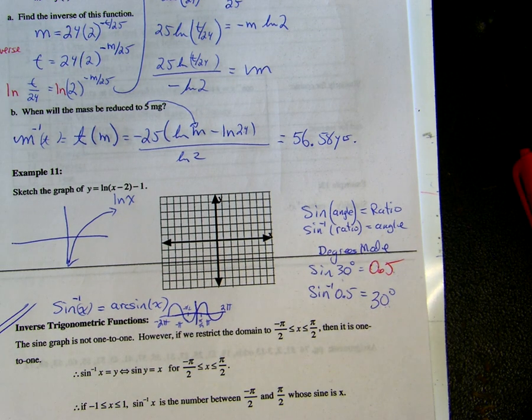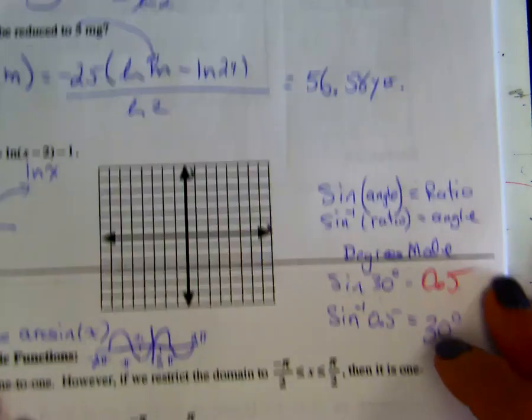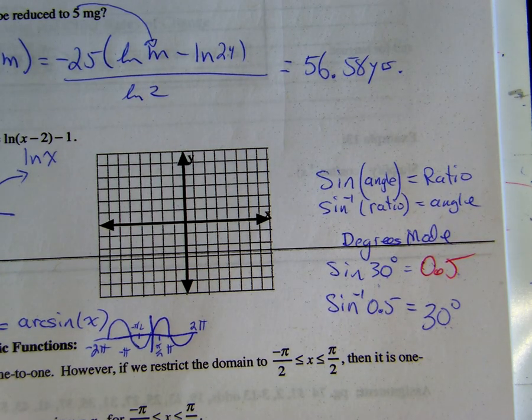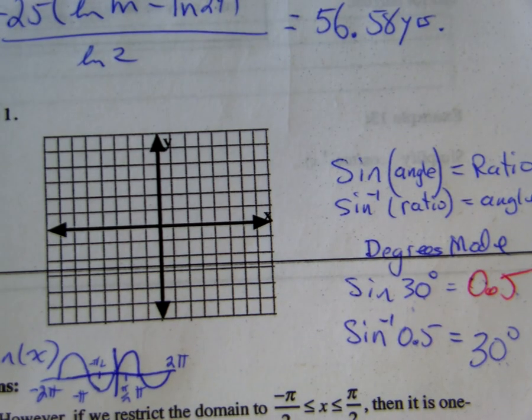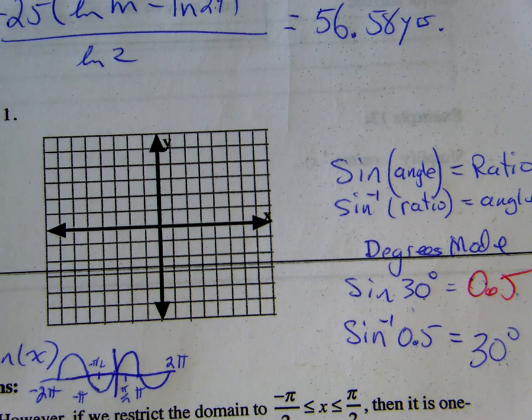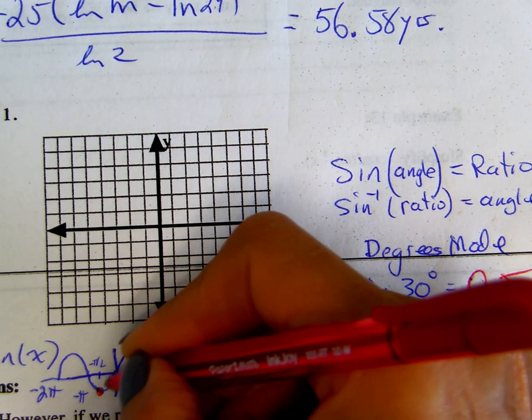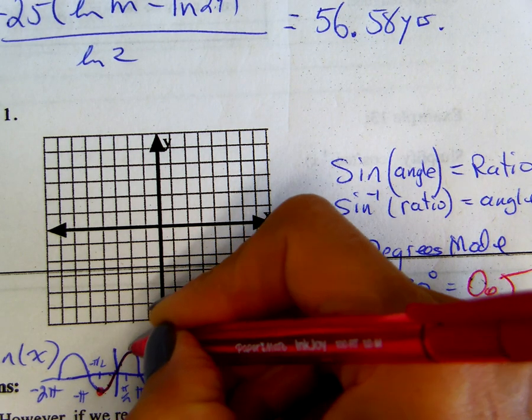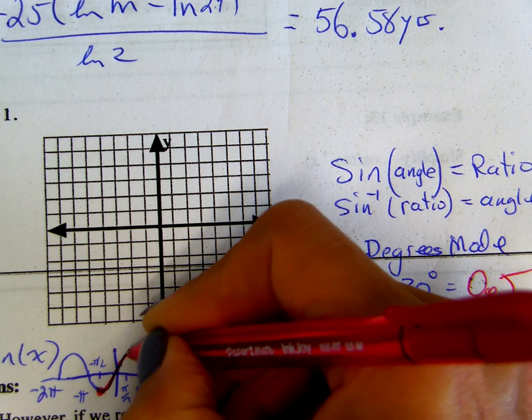Okay, so this sine graph, in order to keep it one-to-one, we just look at a little part of it. So part of it that's going to give us the entire range from negative 1 to positive 1. And we want the entire range out of it, but we want to restrict the domain. So it gets restricted from negative pi by 2 to positive pi by 2.